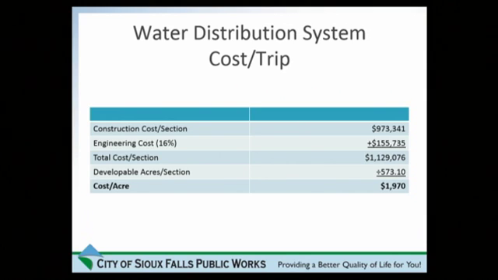Now that cost is split evenly no matter the land use. That 16-inch water main is what each section of land needs. If it's determined that there needs to be a 20-inch, 24-inch, or 30-inch water main, those additional costs are picked up by the water fund.